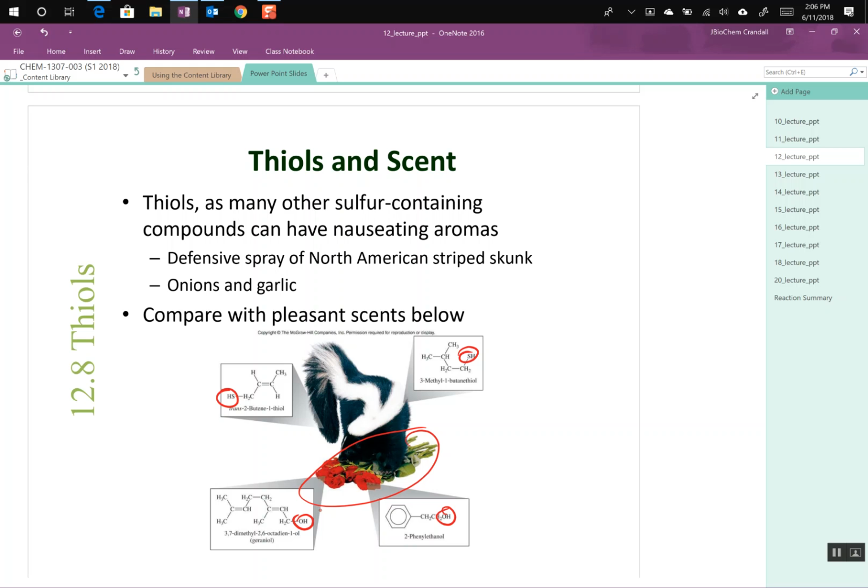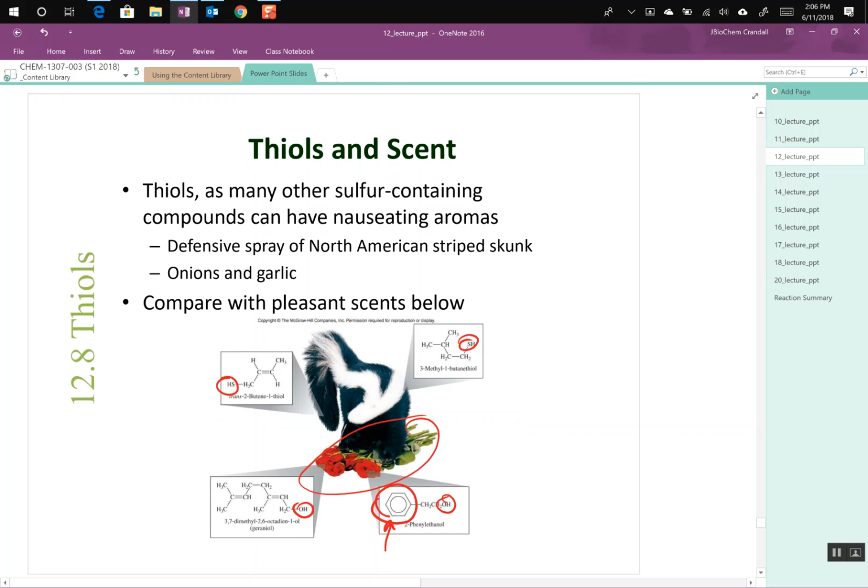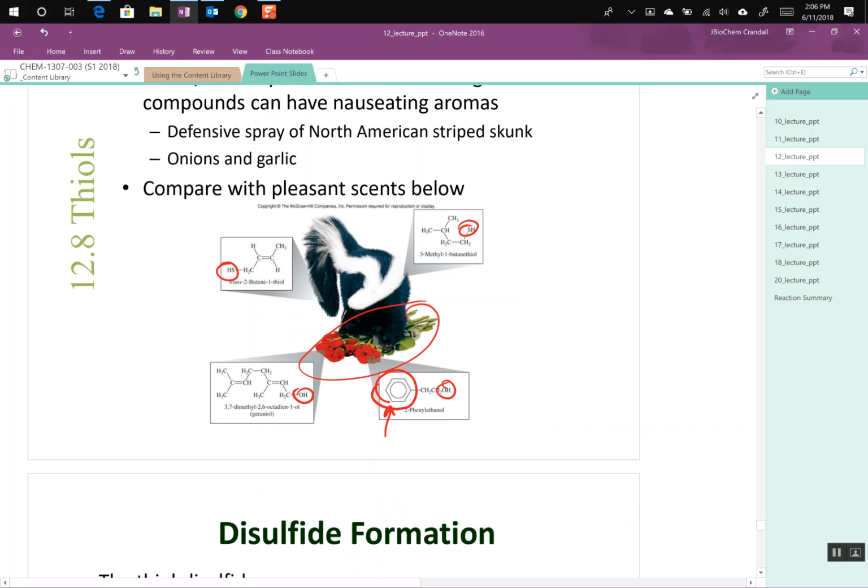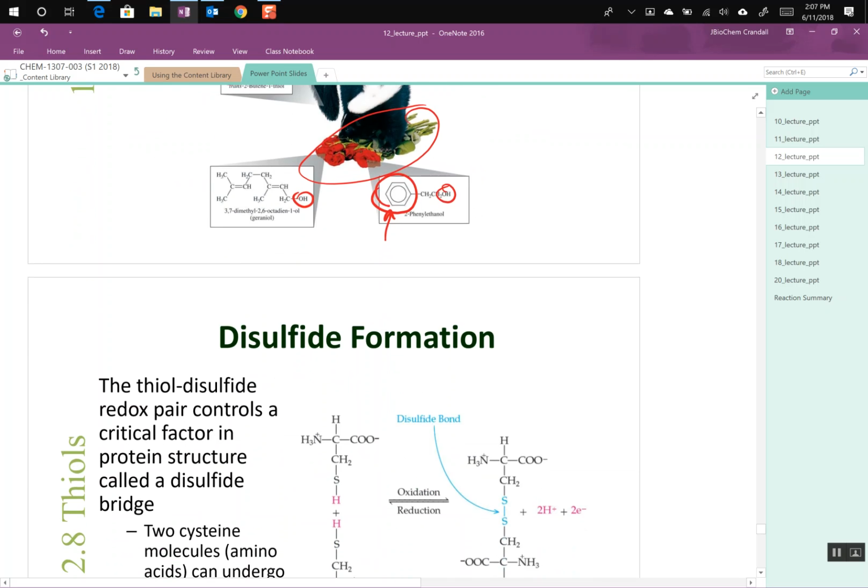Okay. This one particularly also has one of these aromatic groups, which would be much more pleasant as well. Okay. So, SHs, stinky. OHs, not stinky. Okay. So, much more pleasant.